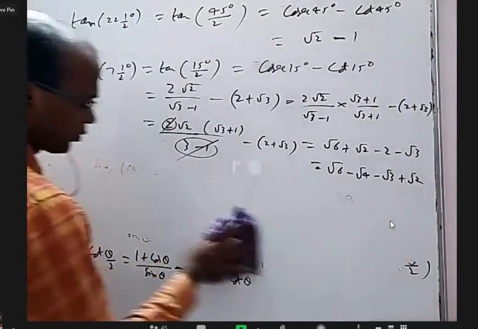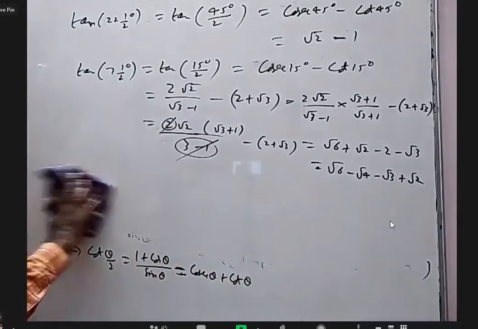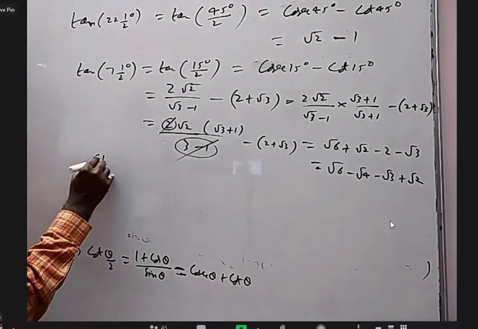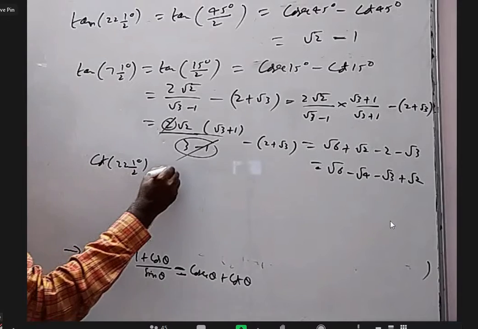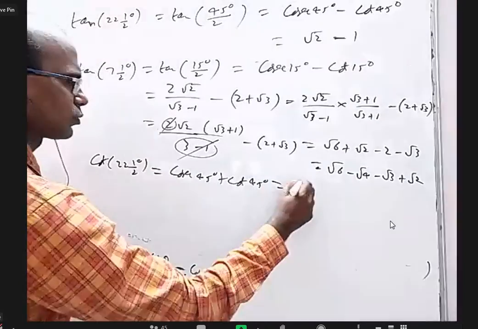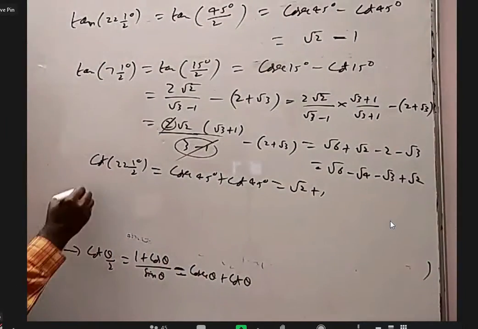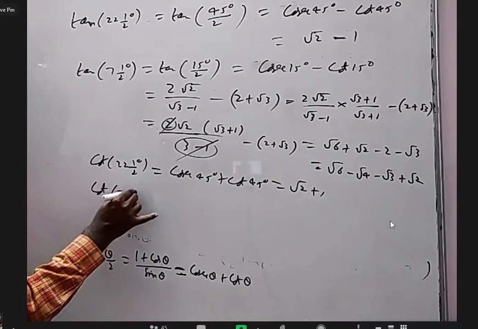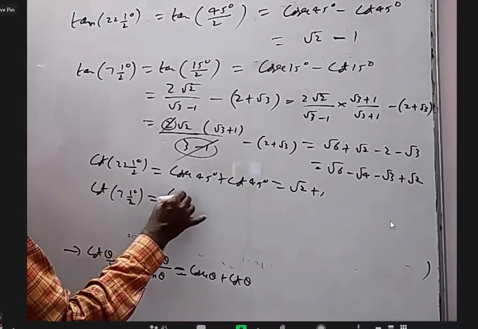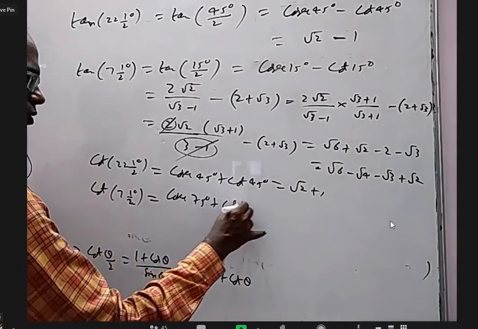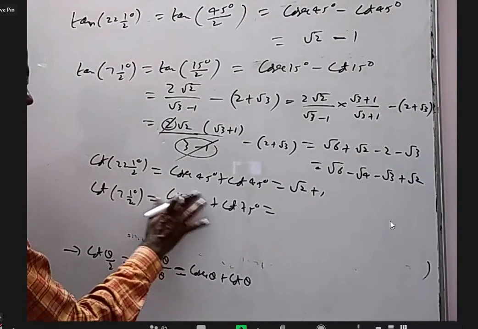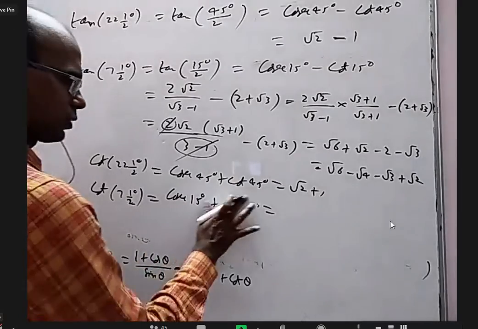If you apply the previous square root formula, it is not so nice because I again find the square root of a third. If I use this, cot 22 1/2 degrees will be cosecant 45 plus cot 45, which will be root 2 plus 1. And cot 7 1/2 degrees, based on this, will be cosecant 15 plus cot 15.